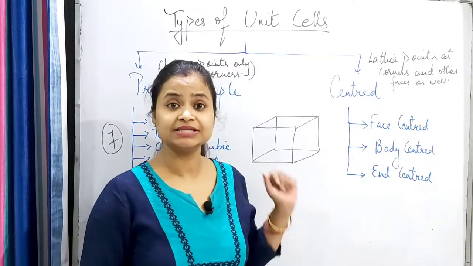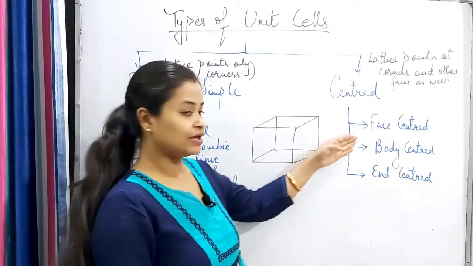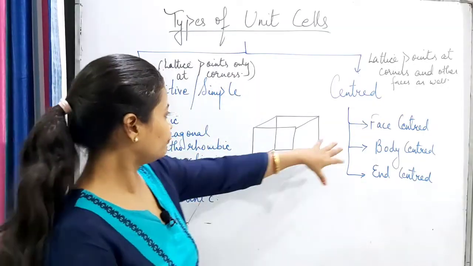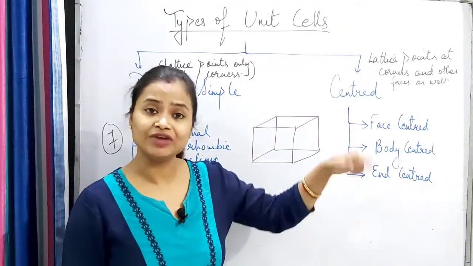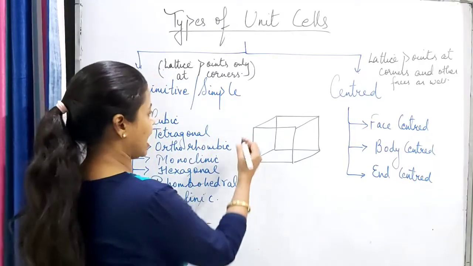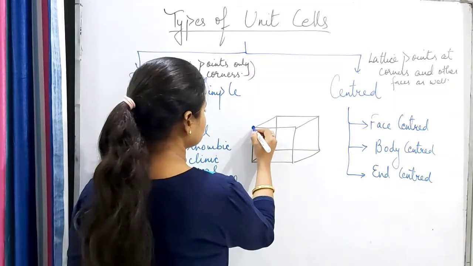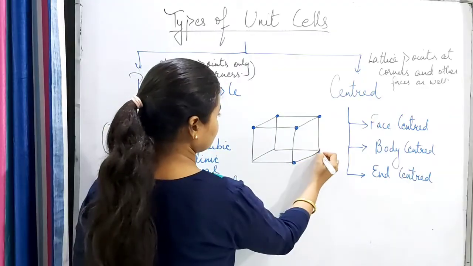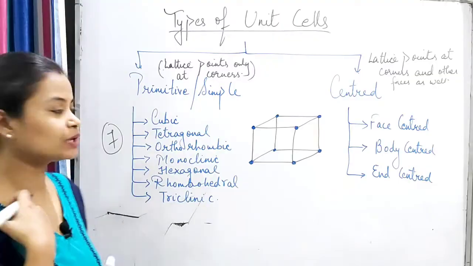Now, as I said, the centered unit cell is further divided into 3 types: face centered, body centered and end centered. Fine. Now, first of all, let us see face centered. See, if this is the unit cell, the face centered unit cell will consist of lattice points at the corners. So these are the 8 corners, you can see.